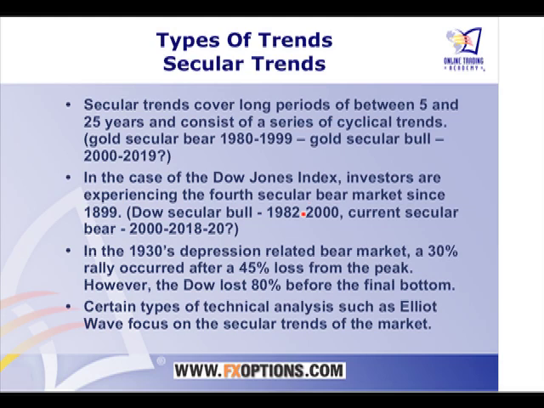The current trends that we have: the secular bear market, and we've had several of them. This is actually thought to be a secular bear market in the Dow Jones, which is expected to last about as long as the secular bull market did. So the secular bull market went from '82 to 2000, which is 18 years. And so there are technical analysts that are projecting that we're going to have a secular bear market that lasts from 2000 to possibly 2018 or 2020.